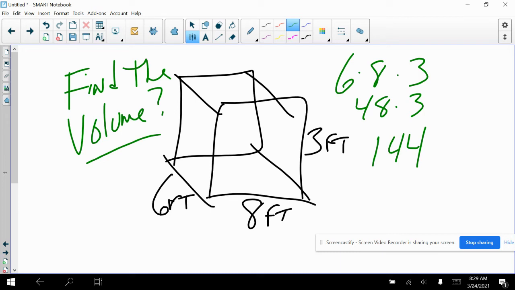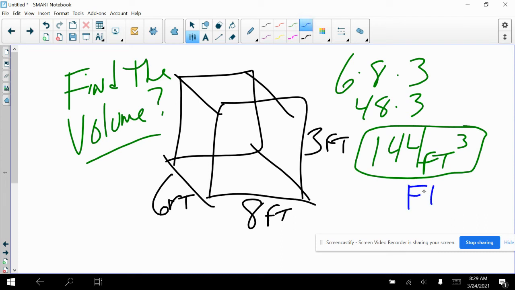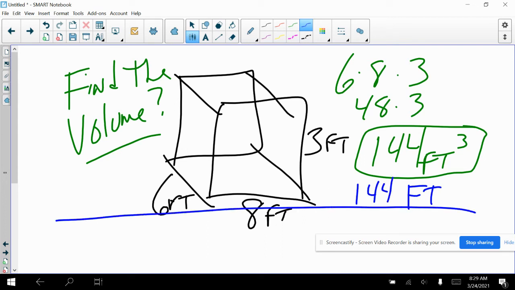What do I label? Yeah. You better have feet cubed, children. If they're talking about volume, if you just put feet, I told you what people are going to think. It's a straight line of 144 feet.